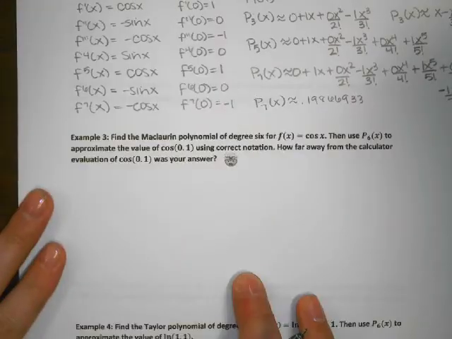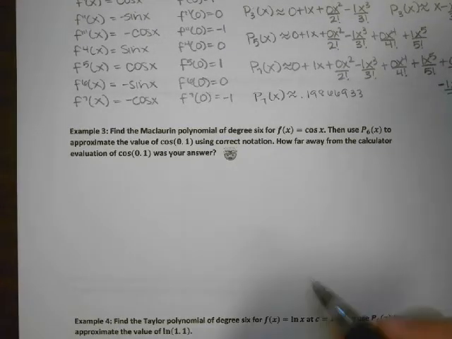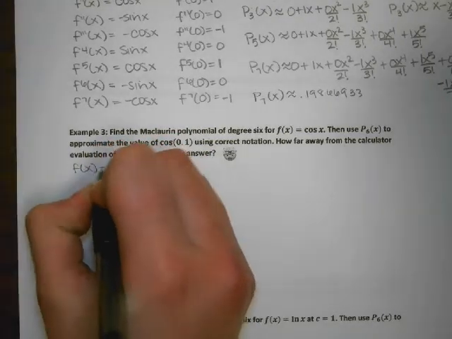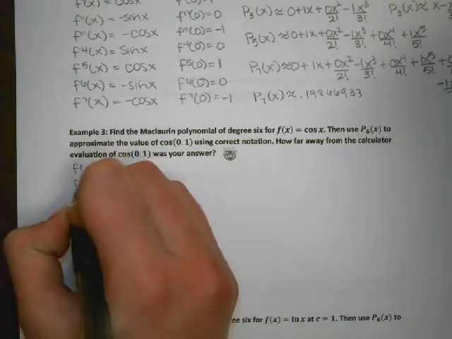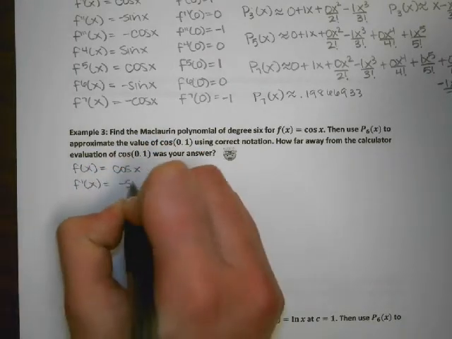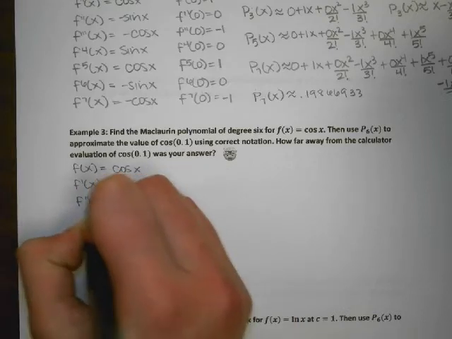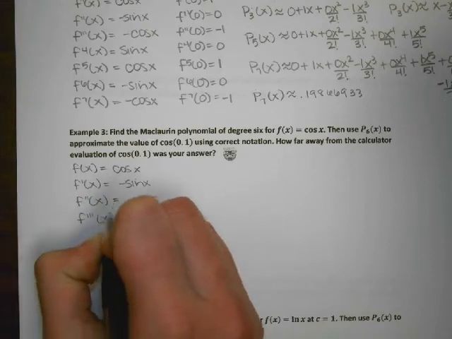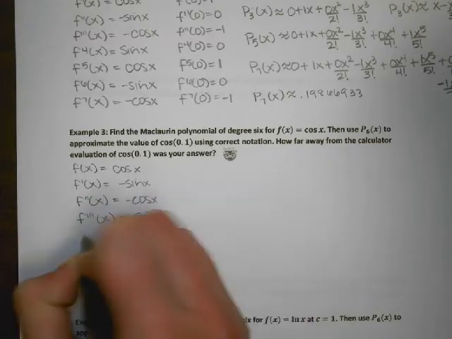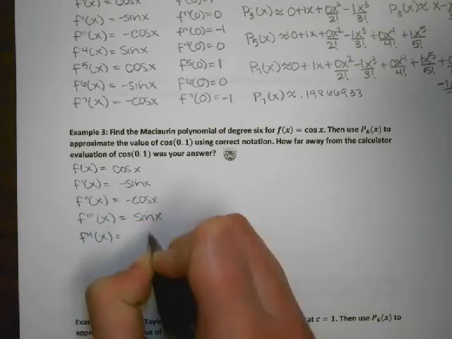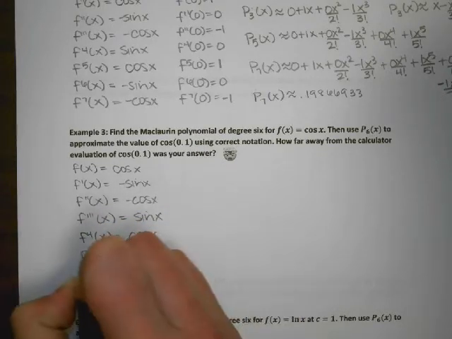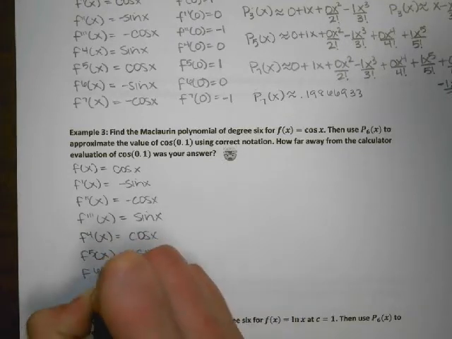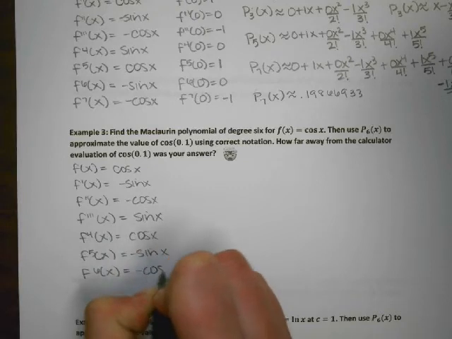Okay, so next they want us to find the Maclaurin polynomial of degree 6, and we're doing this for cos. So this is going to feel kind of like the last problem we just did, or derivatives at least. The first derivative is negative sine, the second derivative is negative cos, the third derivative is positive sine, the fourth derivative is cos, the fifth derivative is negative sine, and the sixth derivative is negative cos.